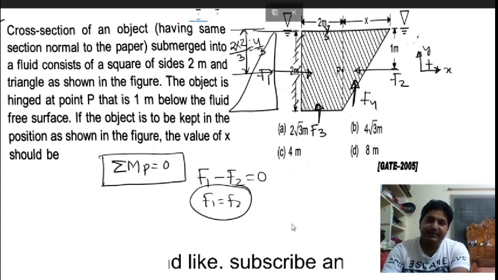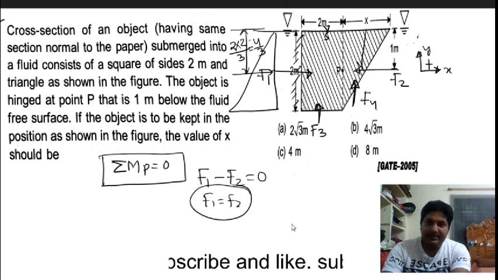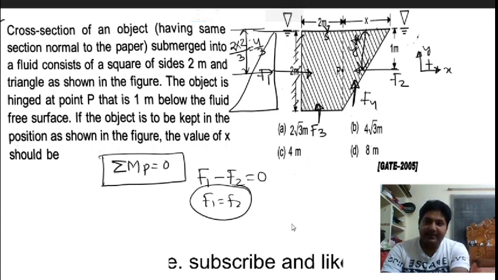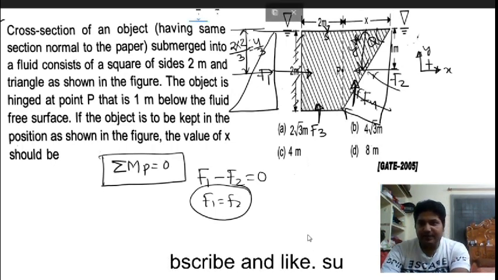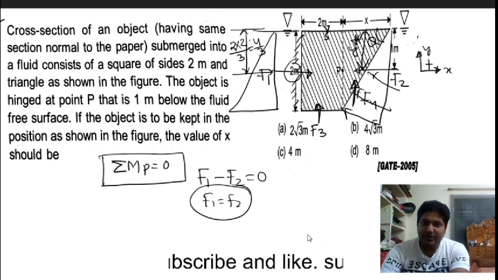Similarly, if you see the center of pressure of this force, suppose this one is the center of pressure of this force. I am representing this as y star. Suppose I am choosing this angle as theta. The pressure acting on this point, this is the pressure distribution, so this is perpendicular to this surface. Now sine theta will be equal to, this is 2 meter given to you, so I can find this inclined distance.